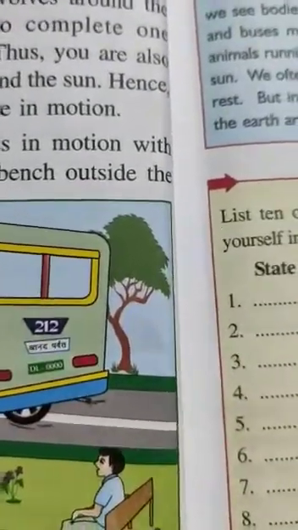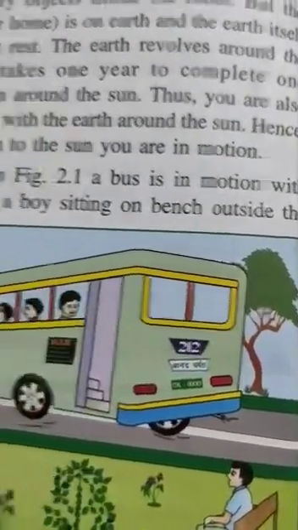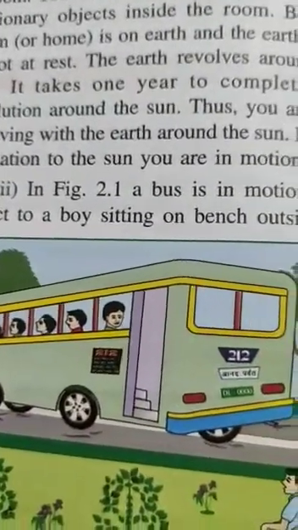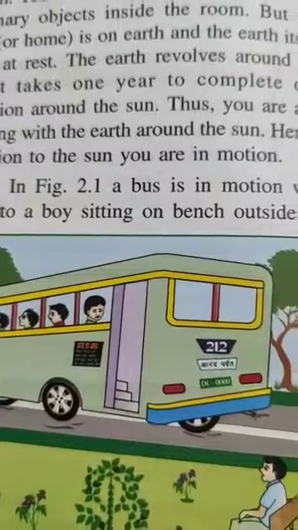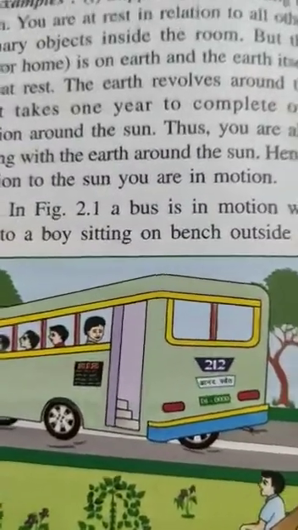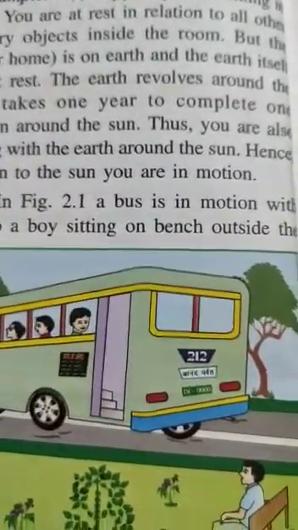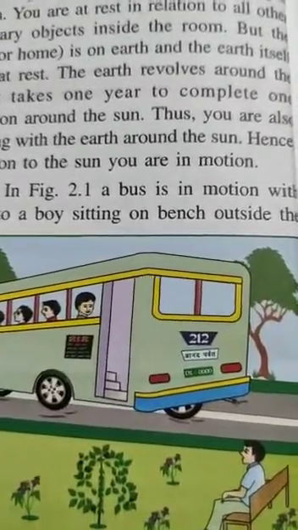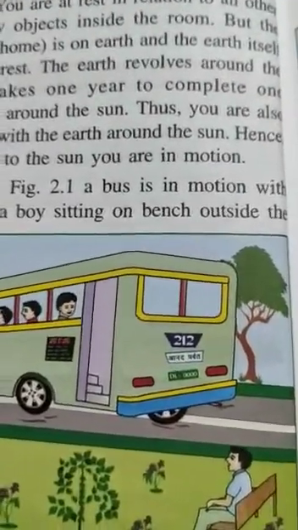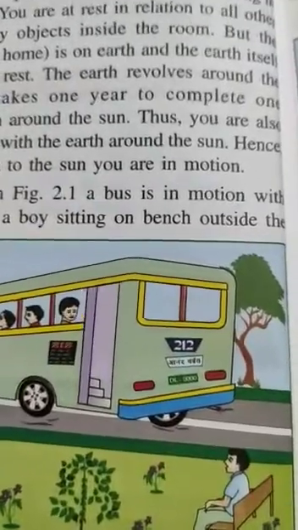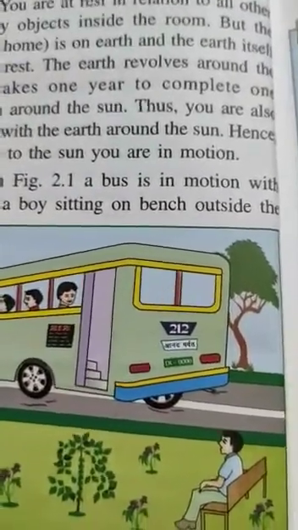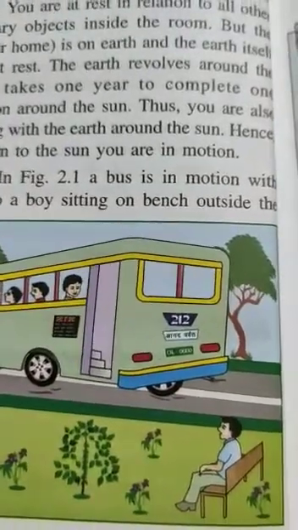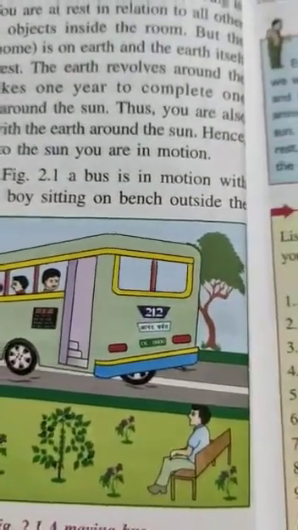Suppose you are sitting near the window of a moving car or a bus. Okay. When you see outside, the trees will appear to be moving backward. No? But to a person standing on the roadside, they will appear stationary. Why so? You will find that the person sitting next to you in the car is at rest, while both of you will seem to be in motion to a person standing outside.